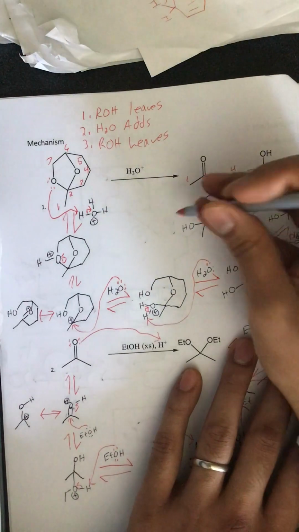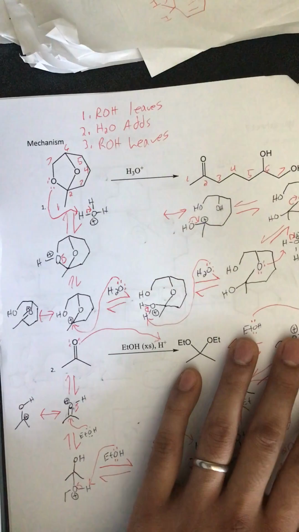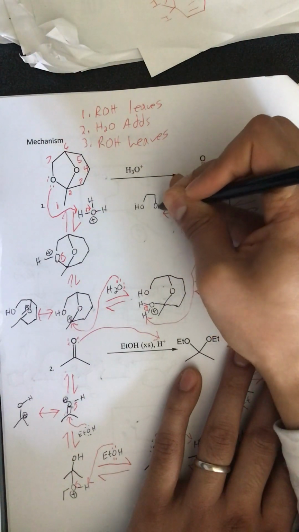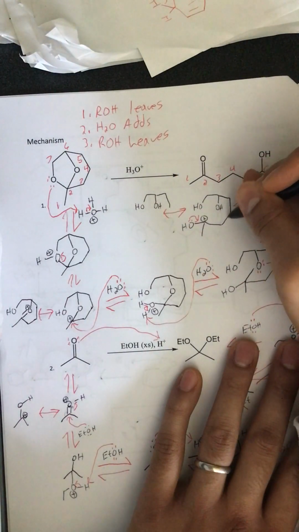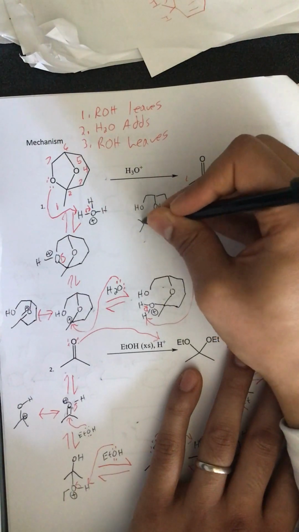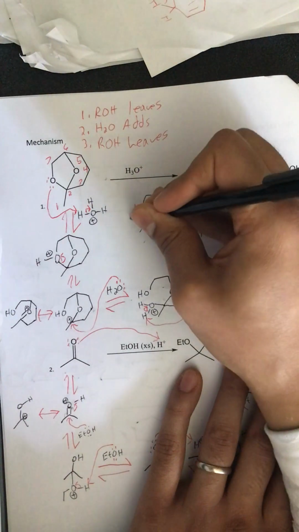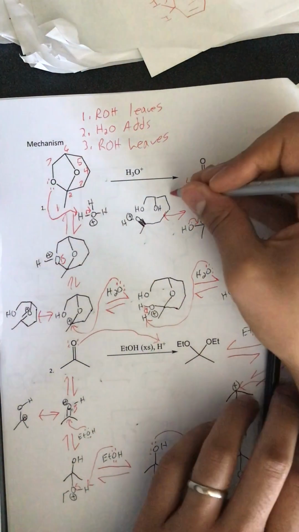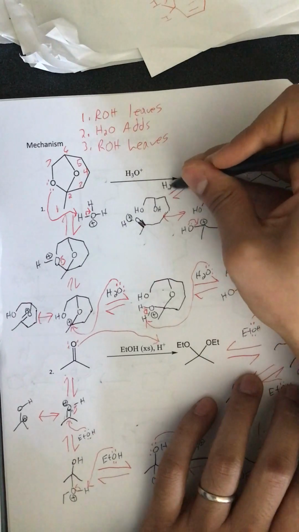Here, there will be a resonance structure. 1, 2, 3, 4, 5. That's a double bond, like that. And then finally, to get to this last structure, I'm just going to use H2O.